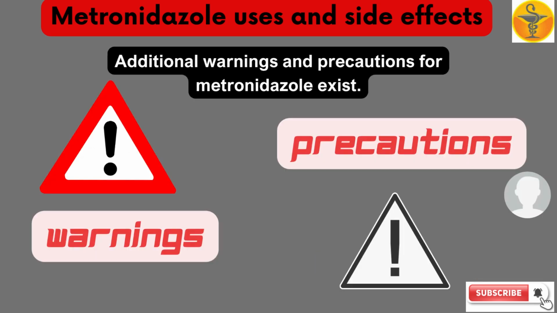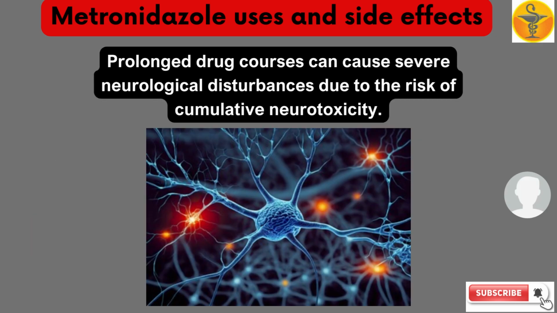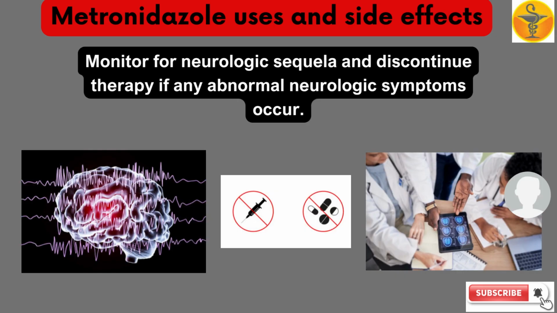Additional warnings and precautions for metronidazole exist. Prolonged drug courses can cause severe neurological disturbances due to the risk of cumulative neurotoxicity. Monitor for neurologic sequelae and discontinue therapy if any abnormal neurologic symptoms occur.